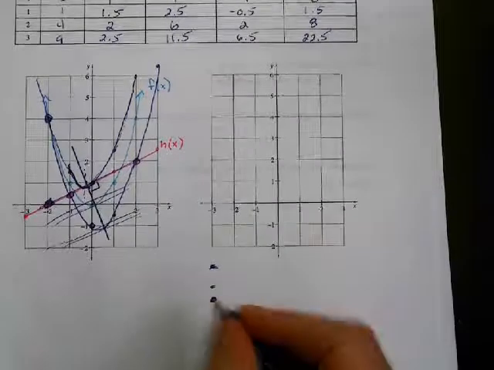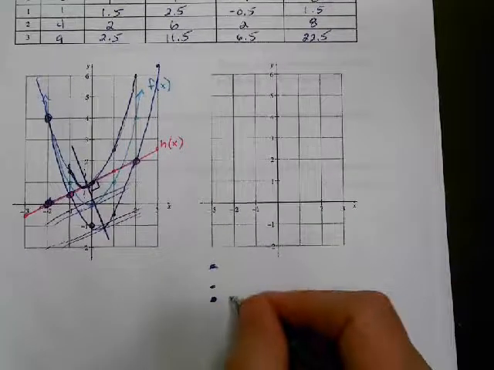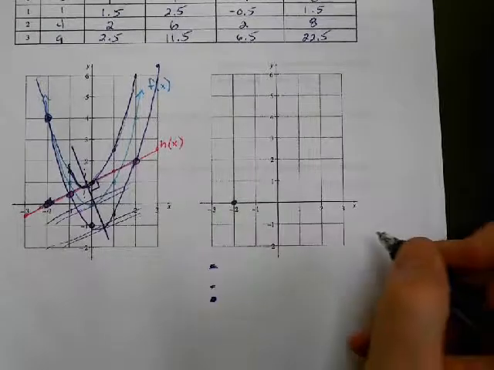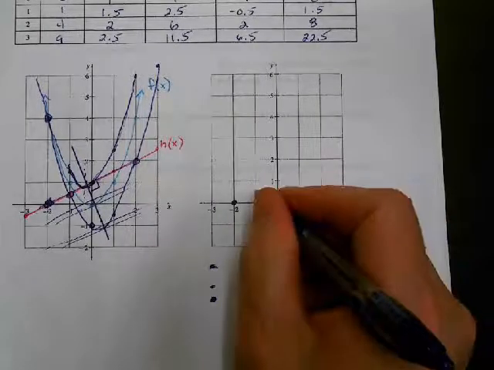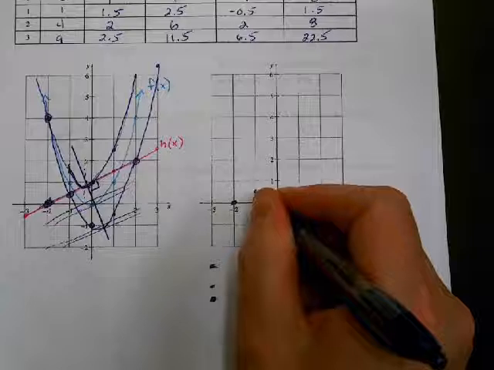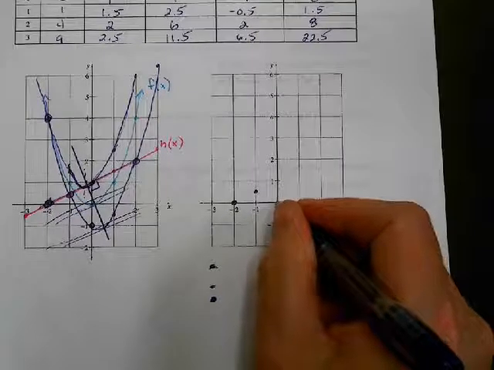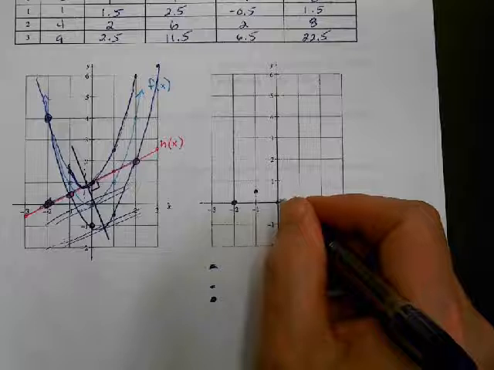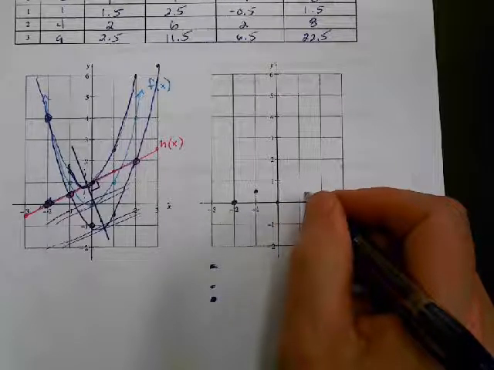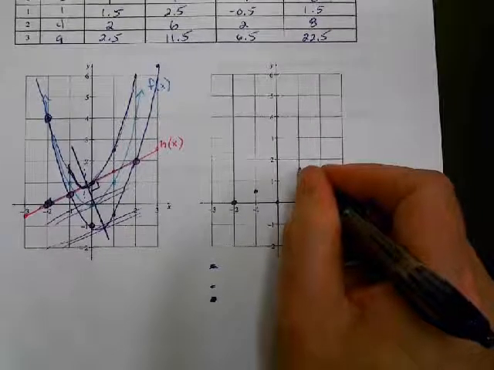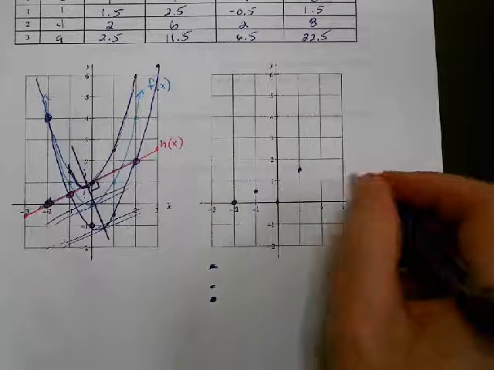Next one would be at 0. Next point that we did is 1/2. Then we're back at 0. Then we're back at 1.5. And then we're up at 8. That's somewhere over here. So this is really interesting.